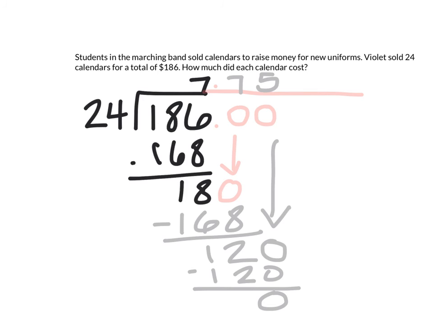What I did was I extended my problem so that I could find numbers to divide 24 by evenly, ending up with $7.75. Each calendar, therefore, costs $7.75.